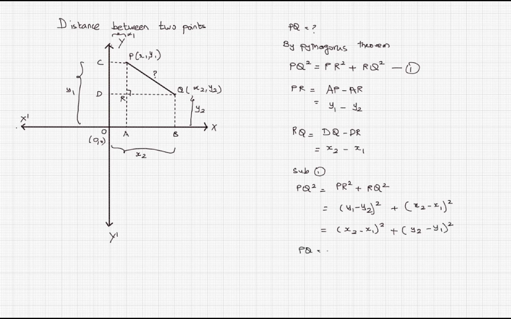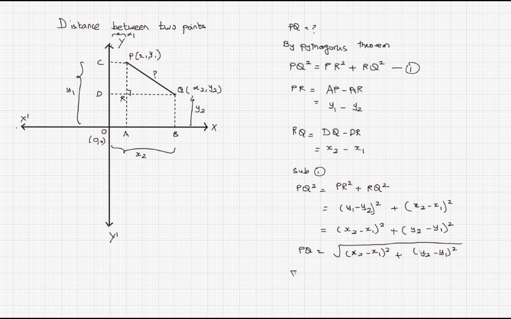So the distance PQ can be written as square root of (x2 minus x1) whole square plus (y2 minus y1) whole square, everything under the square root. So this is the distance PQ.